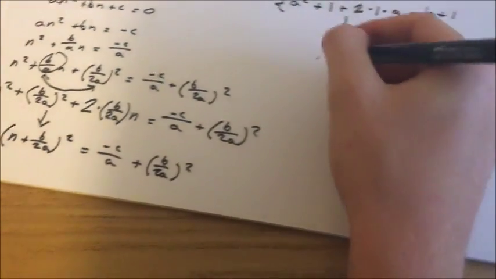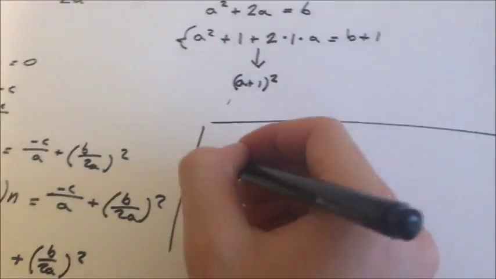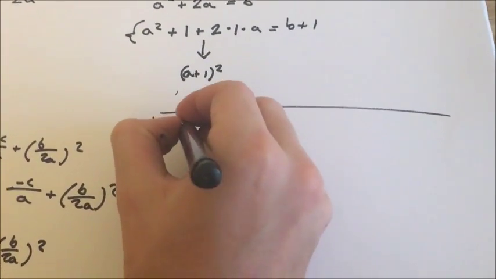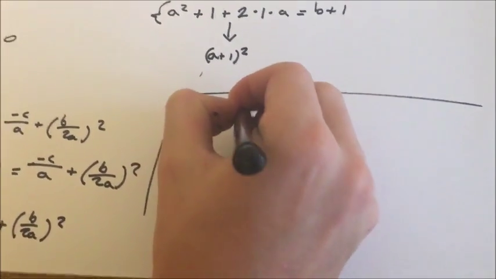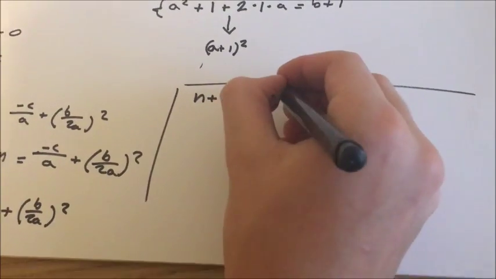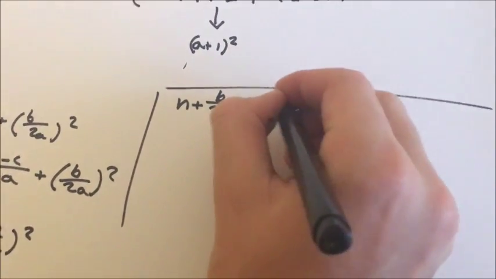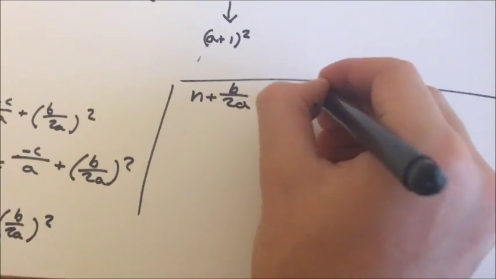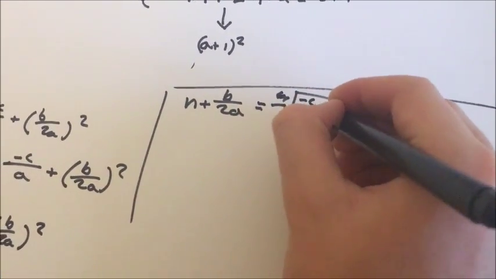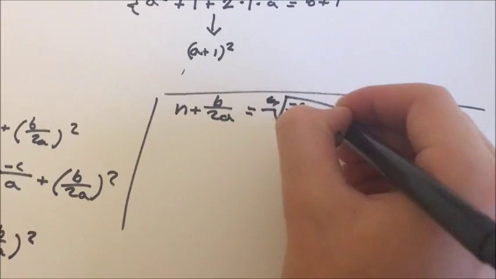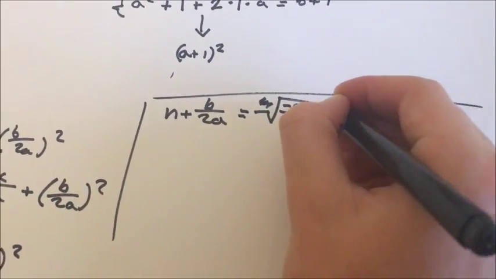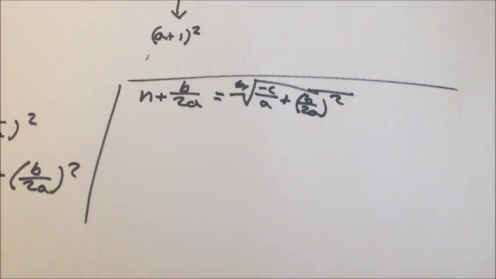So we are left with x plus b over 2a is equal to the square root of negative c over a plus (b over 2a) squared. There we go.